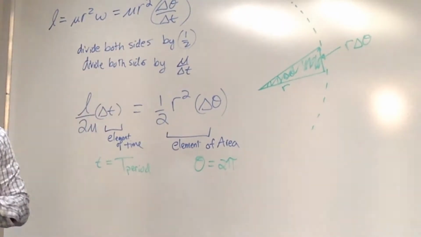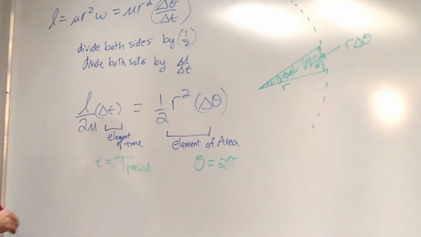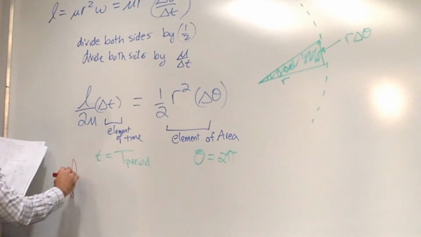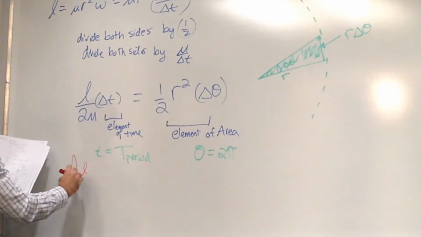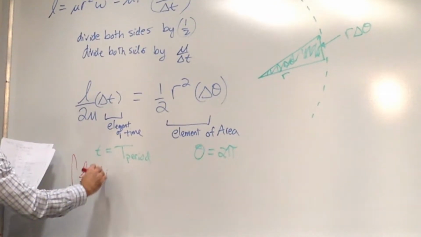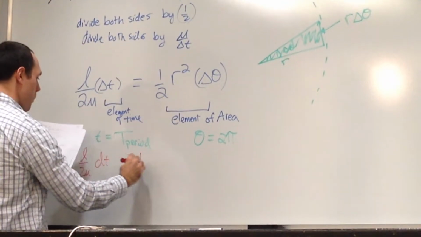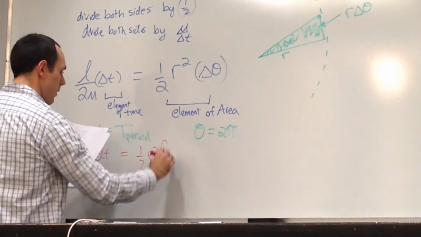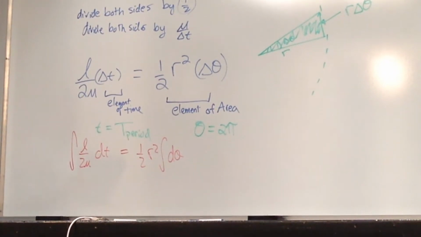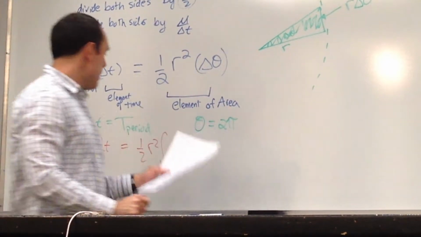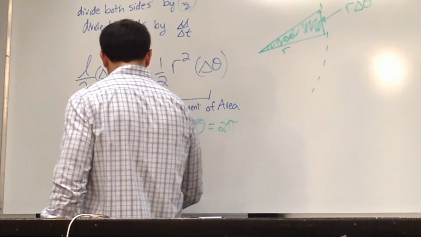And by doing that, let me just write in calculus speak for a second. For those of you who understand this, the integral of L over 2 mu times dt is now equal to 1/2 r squared d theta. This is going to be the area of an ellipse.